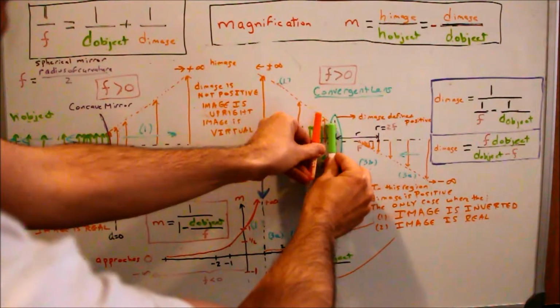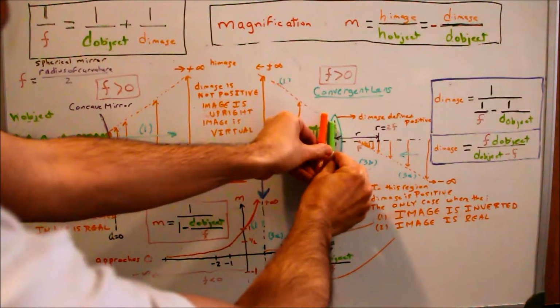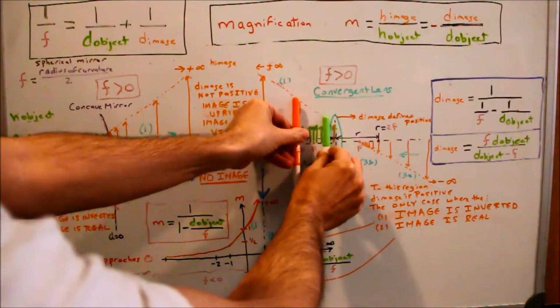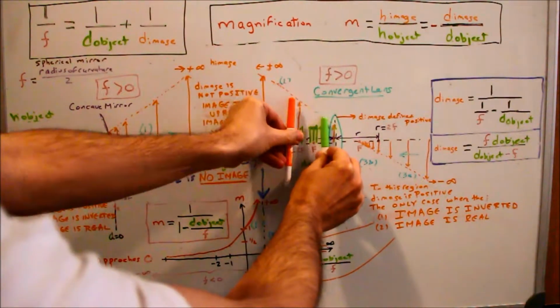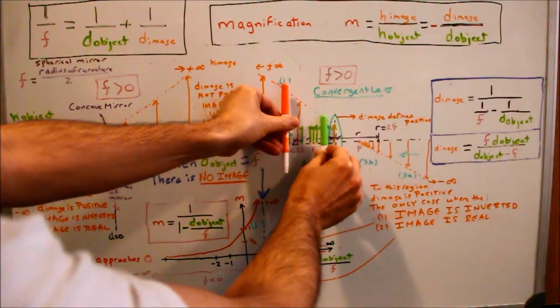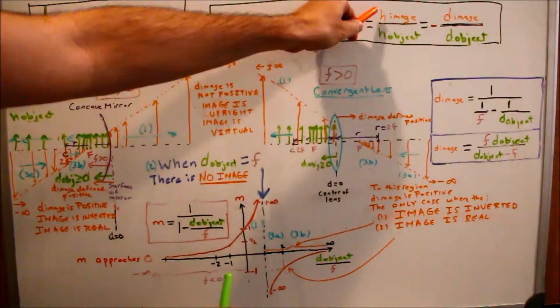For small movements here, I'm getting large movements in my negative D image, and I'm seeing a large change in the image height.